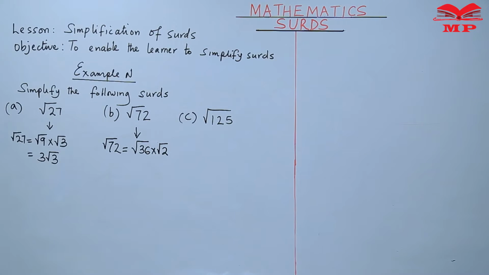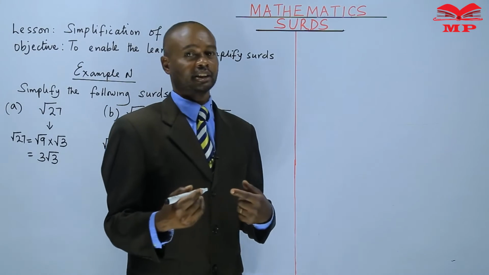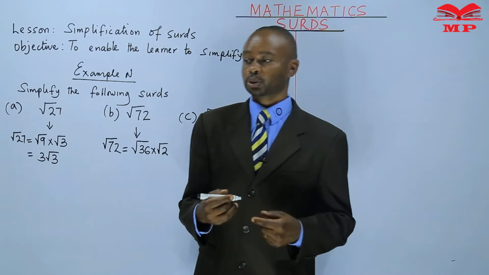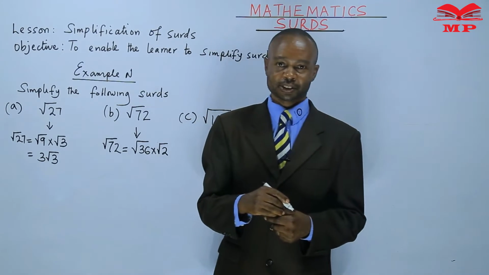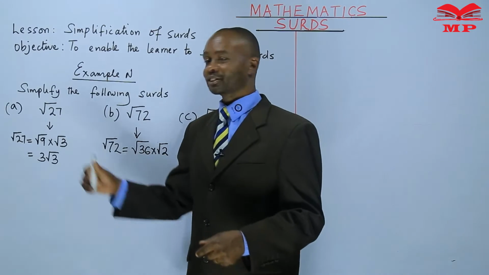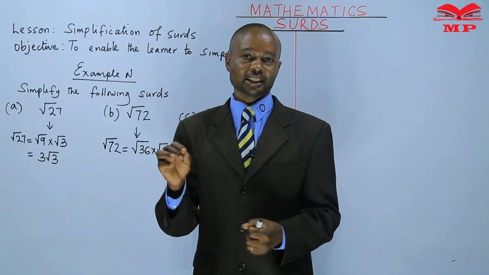In most cases, because in book 2 you should have done much on cube roots and square roots, once you are given a number like 27, you know within 27 we have 9 times 3.